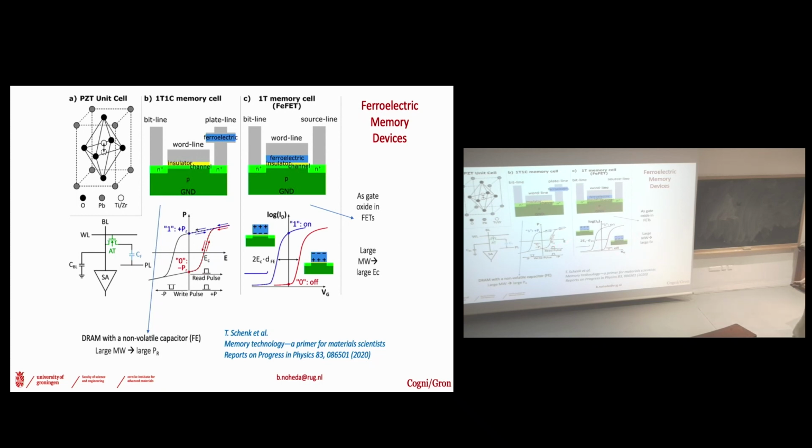And therefore, for this concept, if you want to increase the memory window, you actually want a material with a large switching field. So depending on what your material is, you may decide that it's better to use one concept or the other.